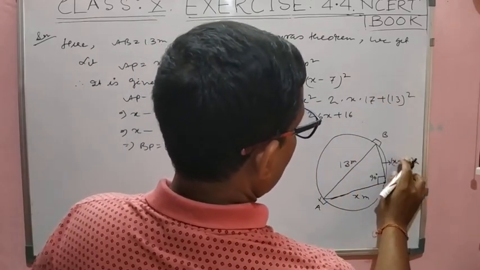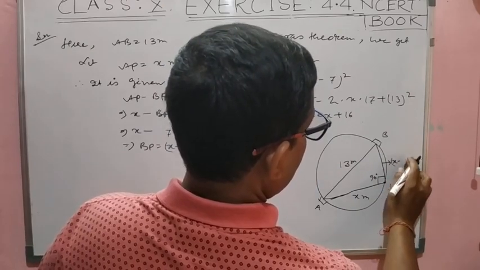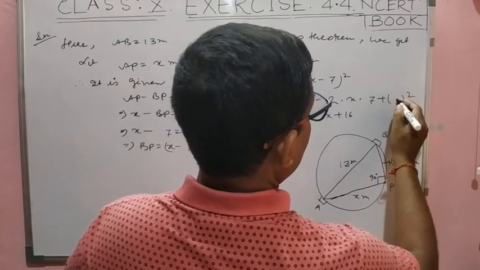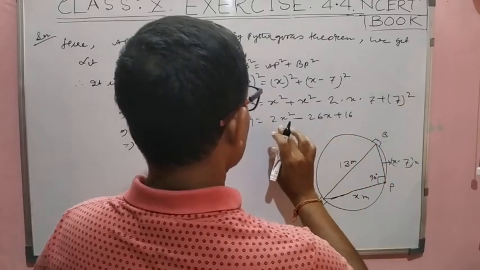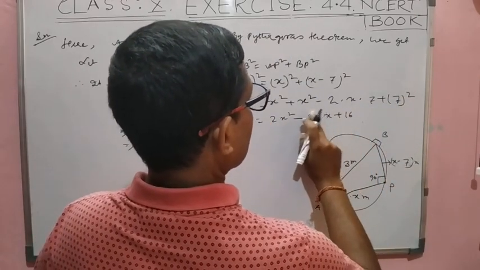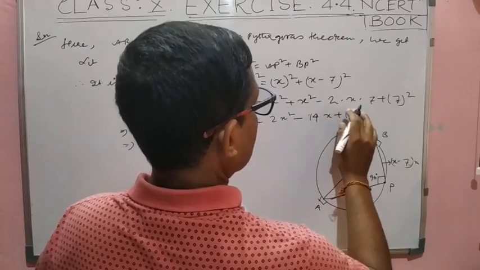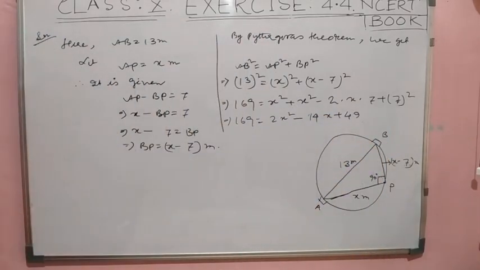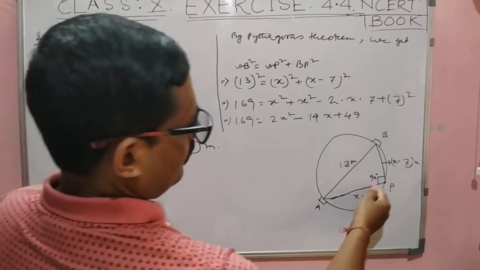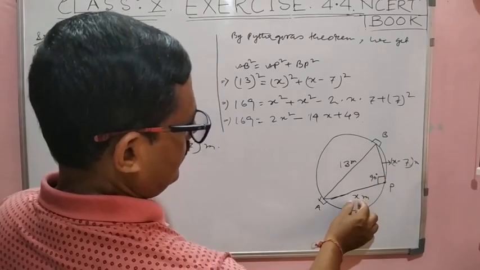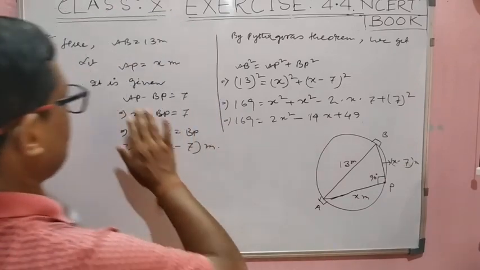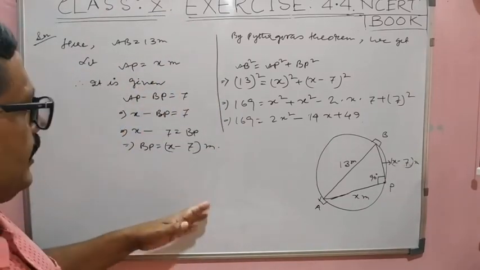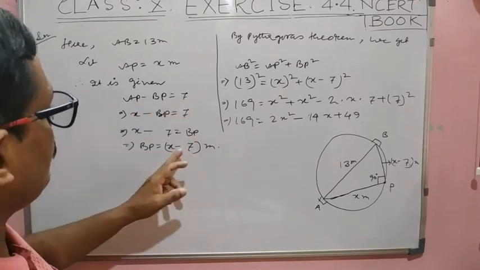So it will be 14x, and it will be 49. Actually in our question the difference given here is 7. So this is x, so this will be x minus 7. Now it is correct. A little mistake was there, so make the correction.